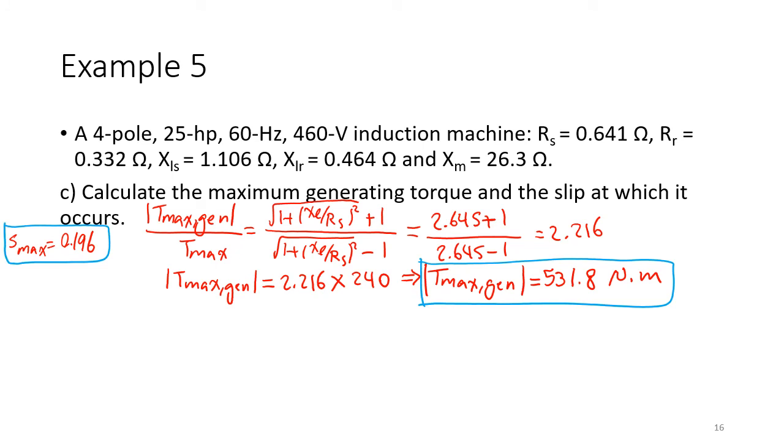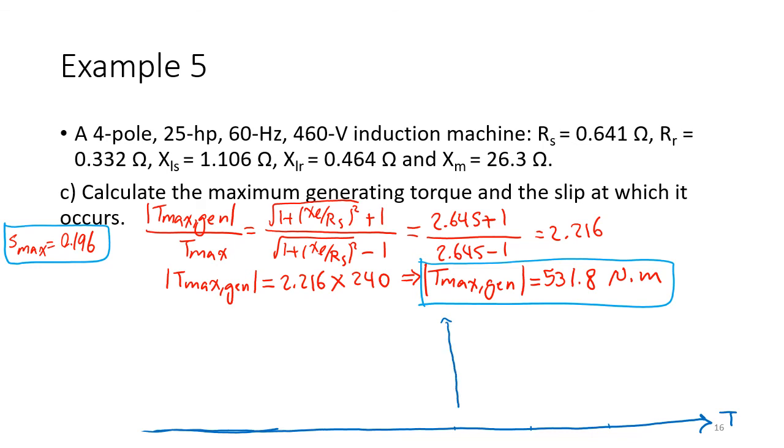If I want to draw the speed torque characteristic, here we have torque. Here we have omega, or N, sorry.